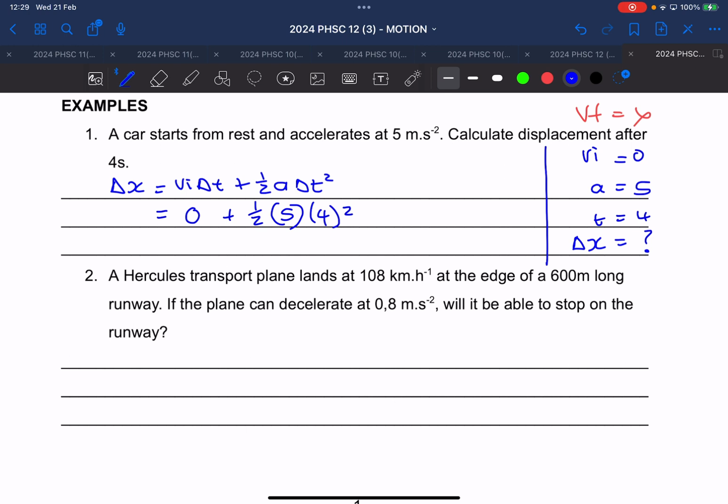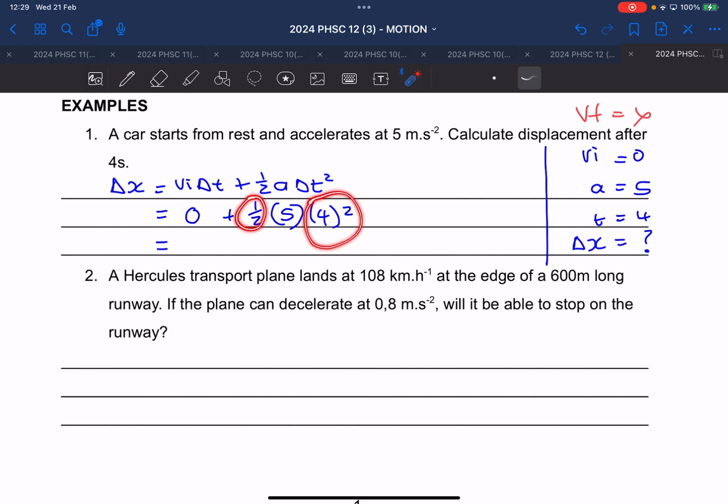Yeah, but 0 times 4 is? Without a calculator. Okay, it's actually Bukamuso's turn. Bukamuso? 4 squared is?